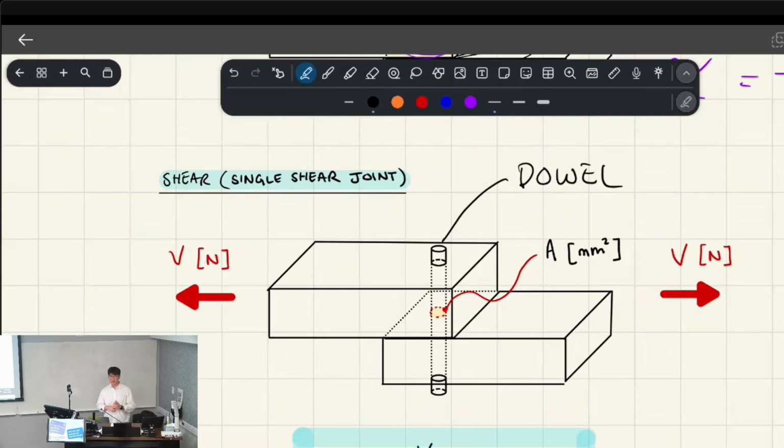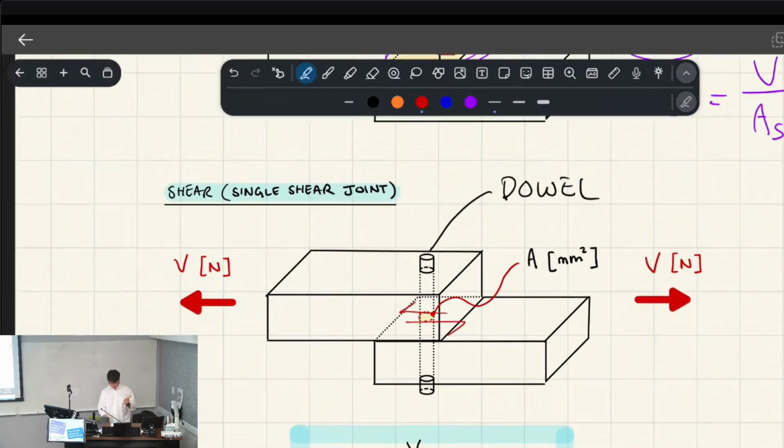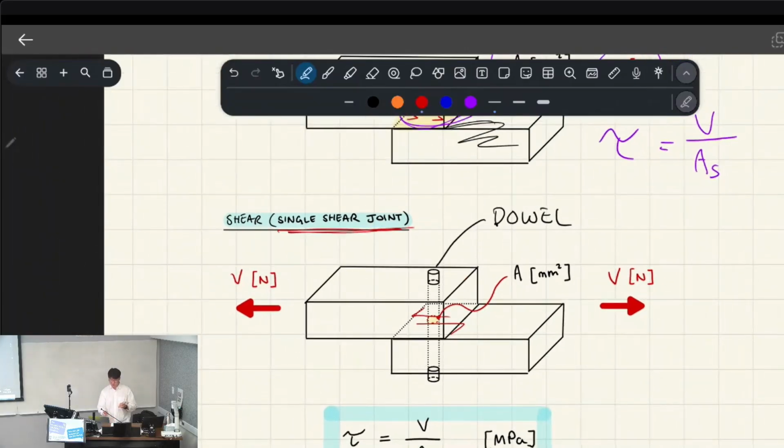In the question later, you'll see it called a pin, or something else. But it's essentially acting as a dowel. So the dowel takes on shear force. As we're applying this tensile force onto the bit of wood, the connection basically wants to slice in half, so that shear force that's induced is basically taken as shear stress by the connection. Does that make sense? By the joint. So that's what's called a single shear joint.